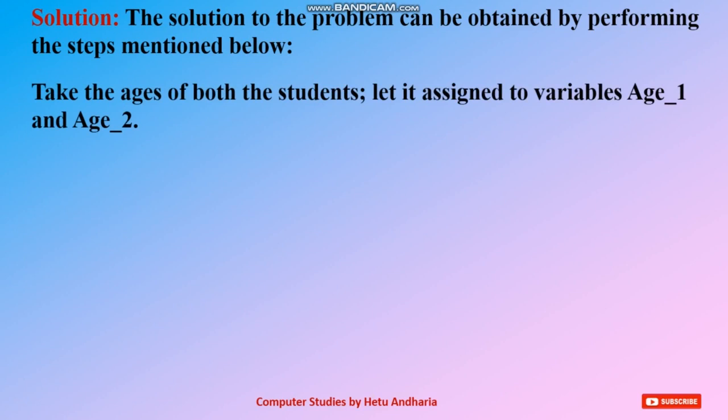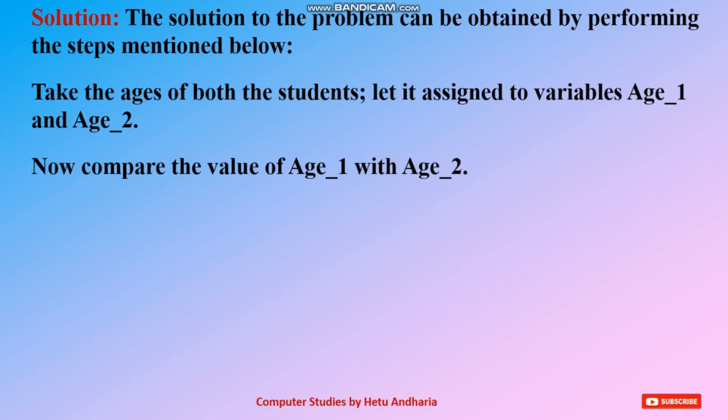First step, take the ages of both the students, that is, ask both the students to enter their age one by one. Let them be assigned to variables age 1 and age 2, right? The first student's age will be stored in a variable named age 1, and the age of the second student will be stored in the second variable named age 2.